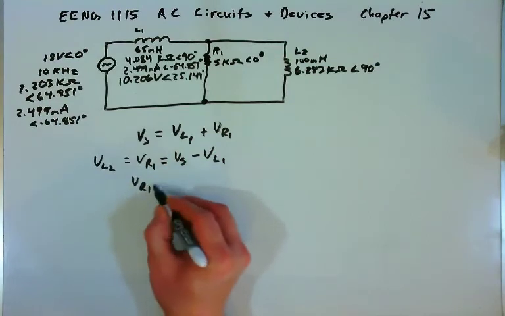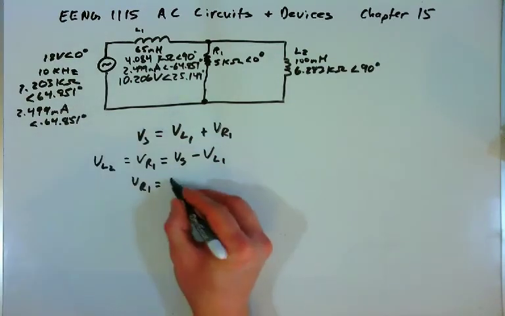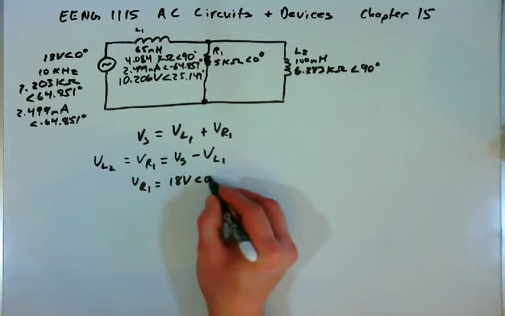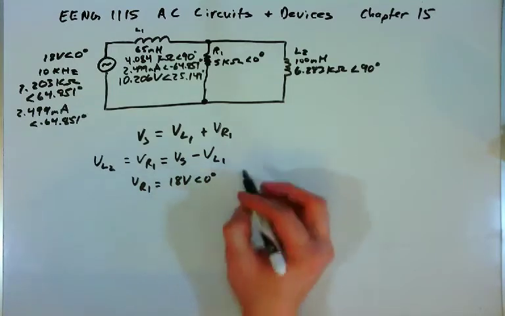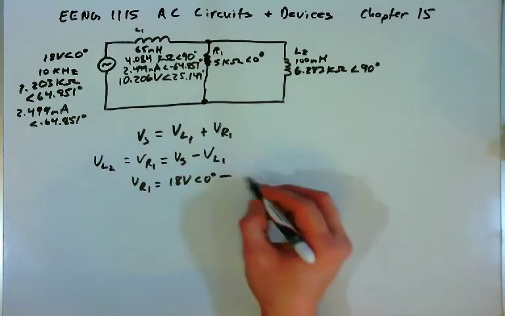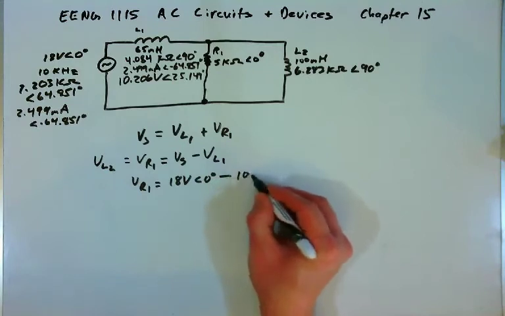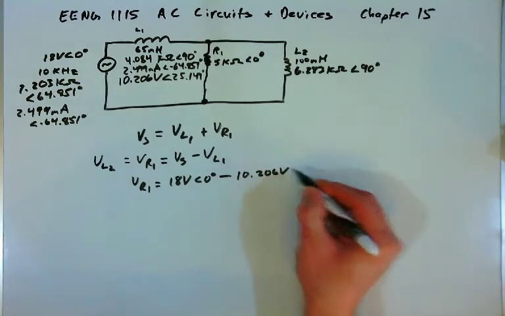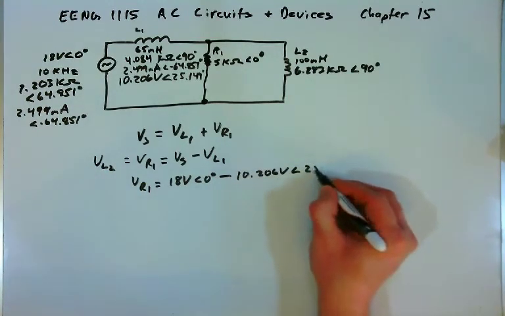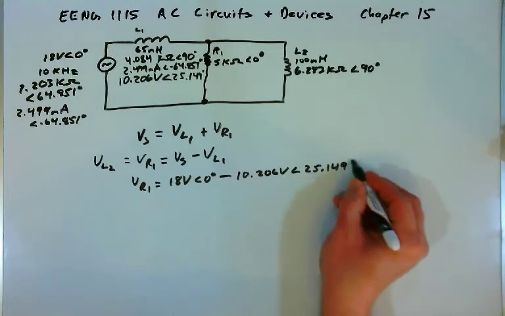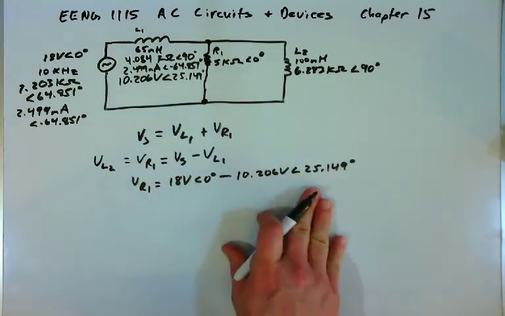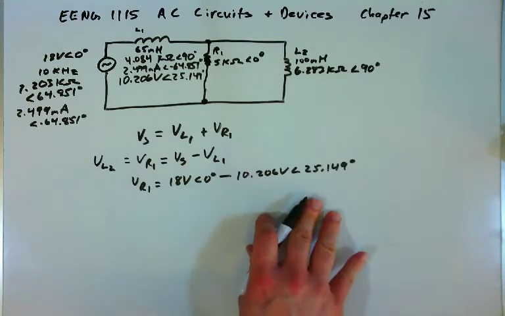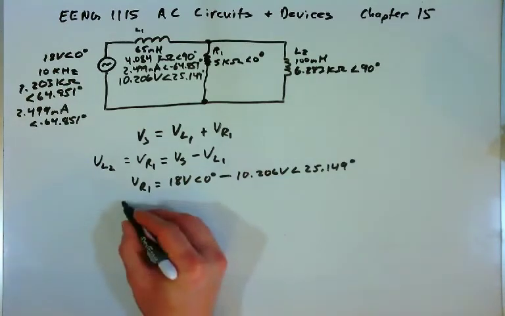So the voltage drop on R1 will be equal to 18 volts at 0 degrees, the source voltage, minus the voltage drop on inductor 1, which is 10.206 volts at an angle of 25.149 degrees. So to be able to subtract these, I will need them to be in rectangular coordinates.